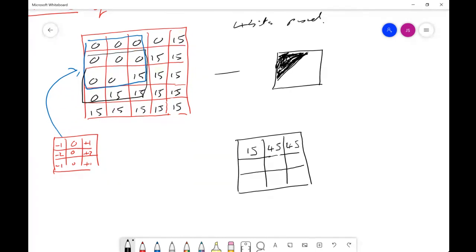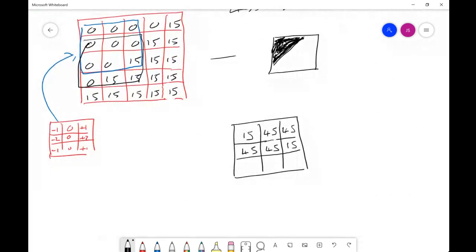That is going to be 30, 45, naught, minus, is going to be 45. Right in the center, it's going to be 60 minus 15. That's going to be 45. And on the far right of the center, it's going to be 30, 45, 60 minus 30, 45 is going to be 15.